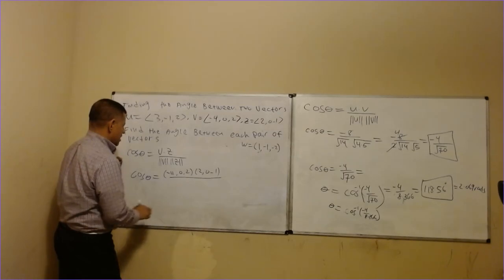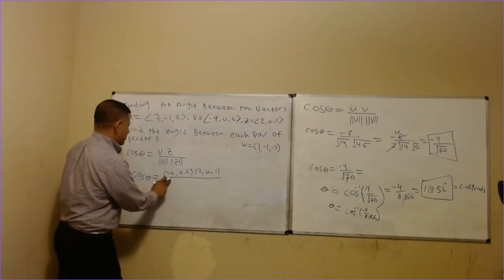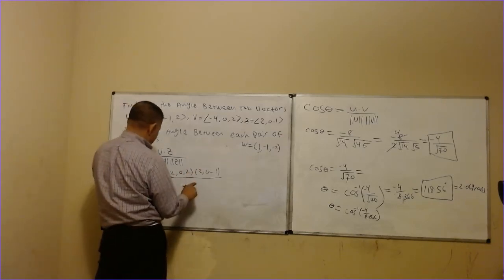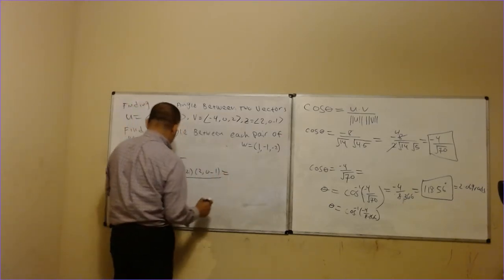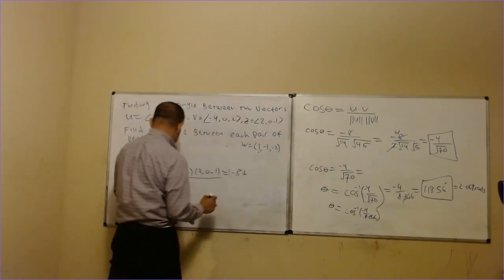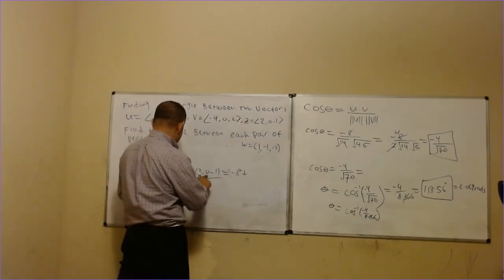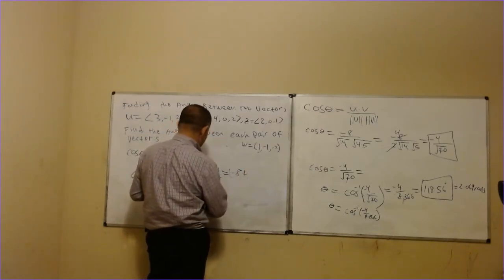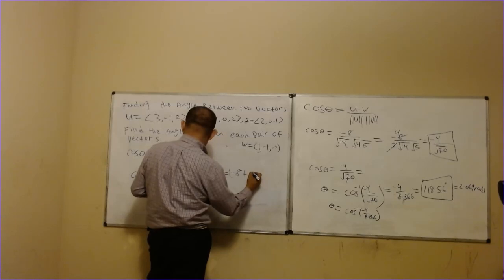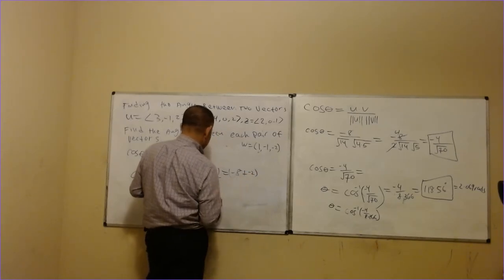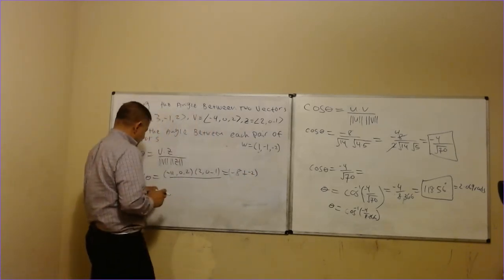Now, I am going to just do the math here. This is equal to negative 8 plus this times this, so I got 0, and this times this is negative 2. So technically that is 10.